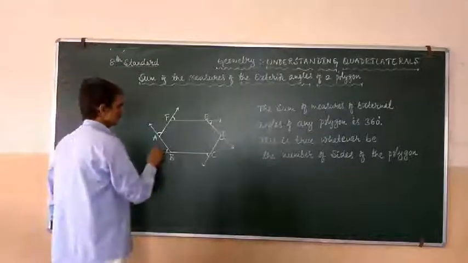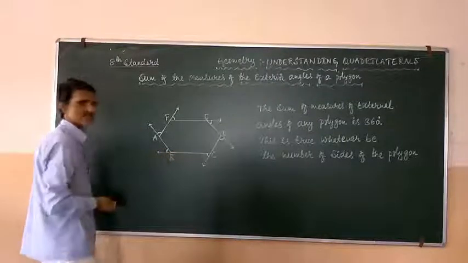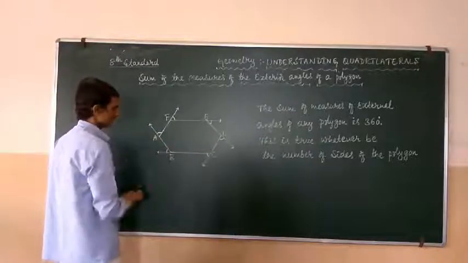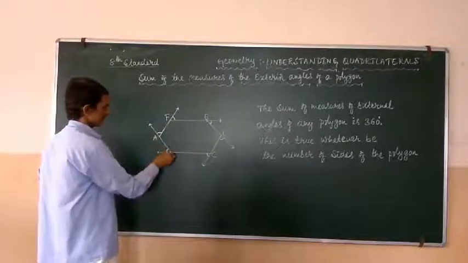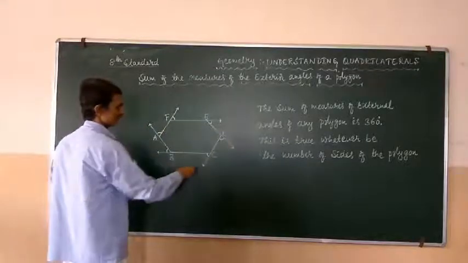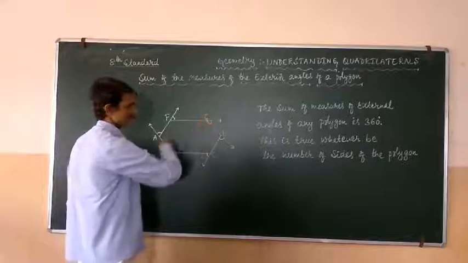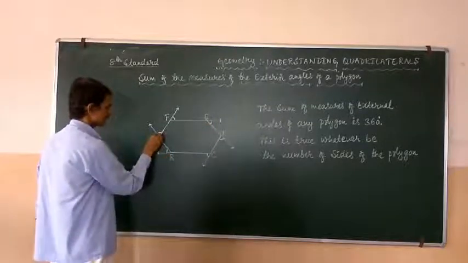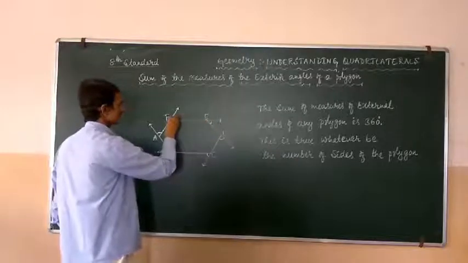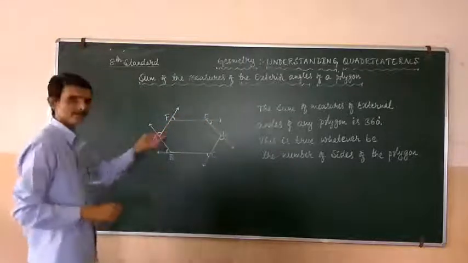If you extend each side of the given polygon, that means side AB is extended, BC is extended, CD is extended, similarly. The angles which are formed here are the exterior angles of the polygon.